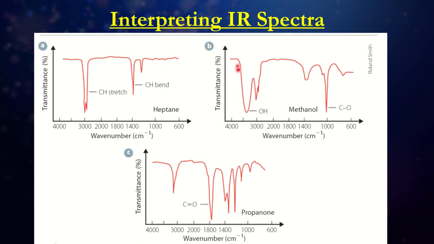You can see different types of bonds here and relate it back to what we talked about in terms of the factors. So we have the carbon-hydrogen stretch and bend. We did say that the stretching occurs a lot faster, so you can see it's at a much higher wave number than the bend.